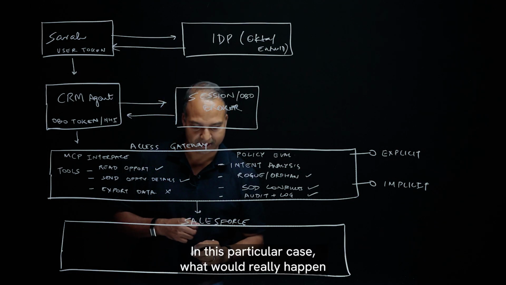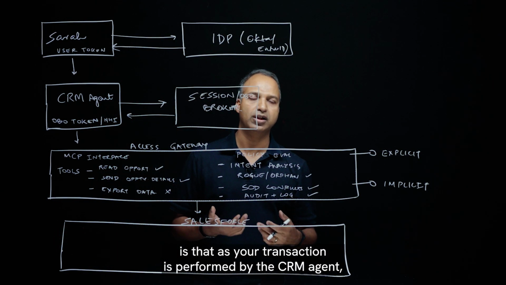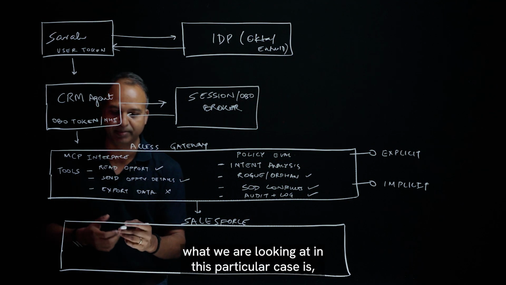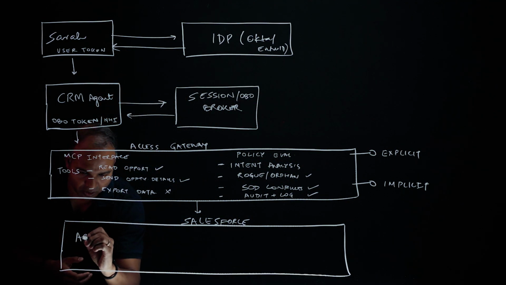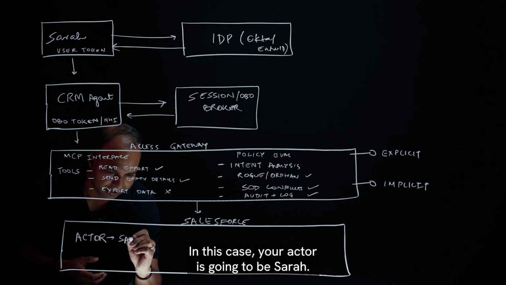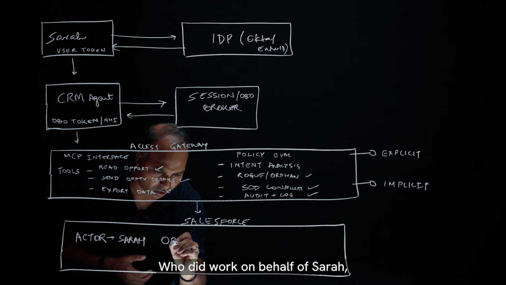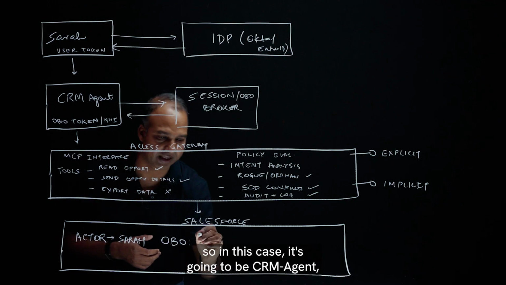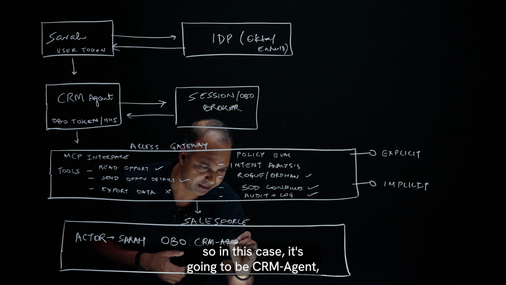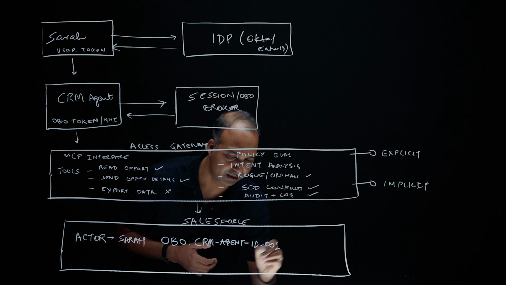In this particular case, as your transaction is performed by the CRM agent, what we are looking at is who is your actor. In this case, your actor is going to be Sarah. Who did work on behalf of Sarah? In this case, it's going to be the CRM agent, whatever your agent IDs are, ID 001.